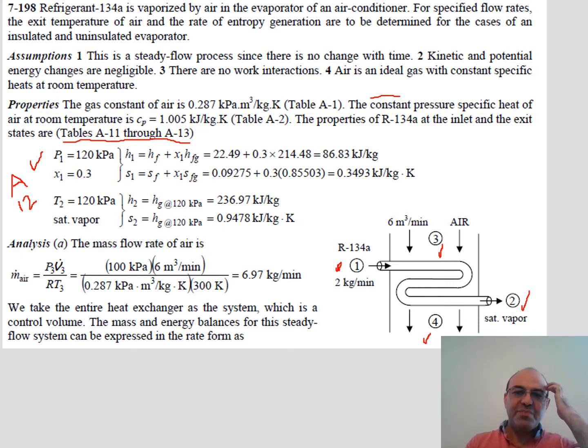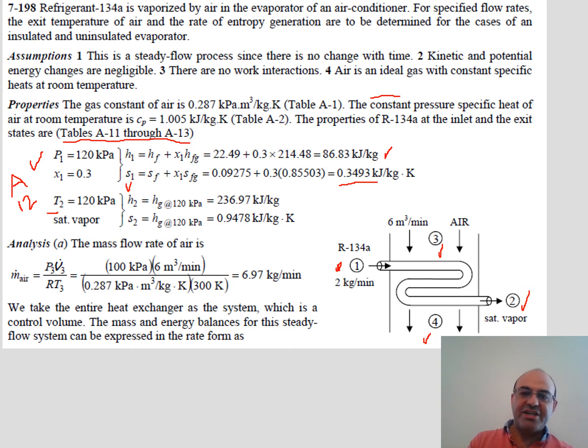You need h1, so you find h1 equal to hf plus x hfg. And you need to find the entropy generation, so you need to find s1 as well, because you need it for entropy. s1 is also sf plus x sfg. At the exit of the refrigerant, the temperature is given and it's saturated vapor, so x2 is equal to 1.